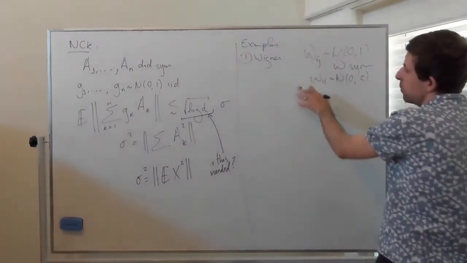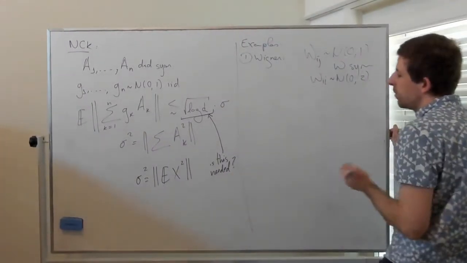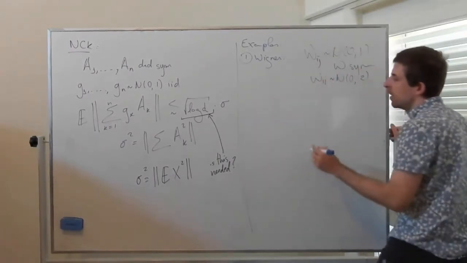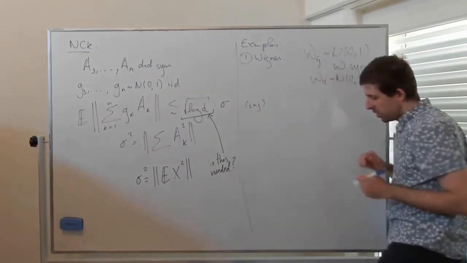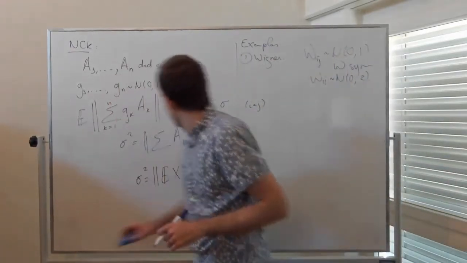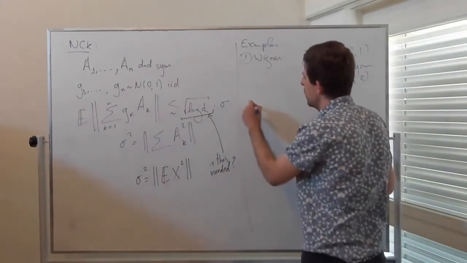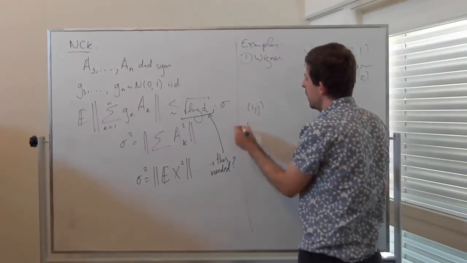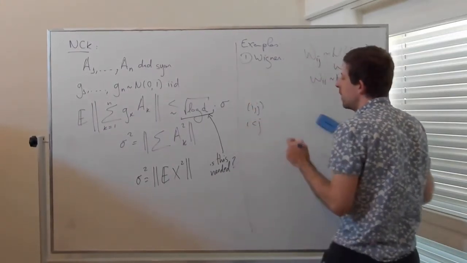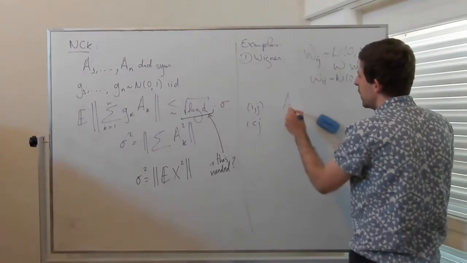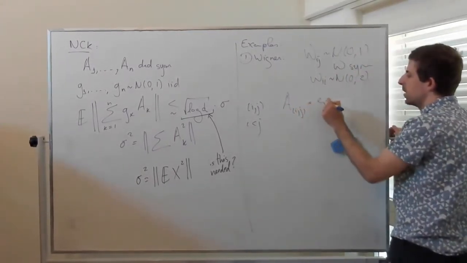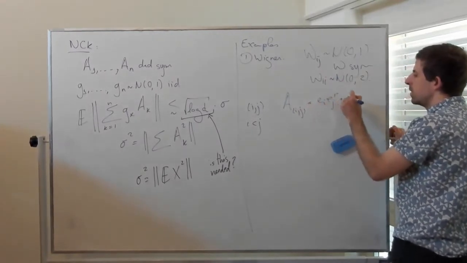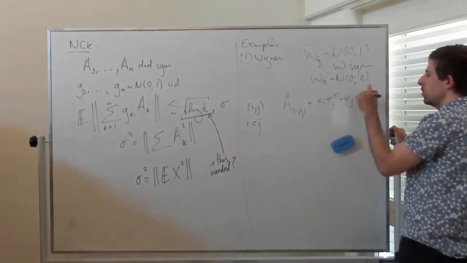So let's see. We can write this matrix in that form. We just have to make the following matrices. We take ordered pairs ij with i smaller than j. Then we make the matrix Aij to be ei ej transpose plus ej ei transpose.